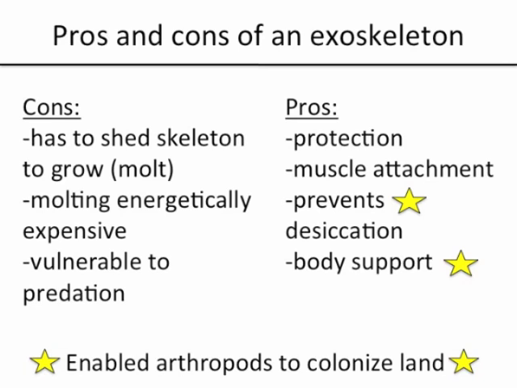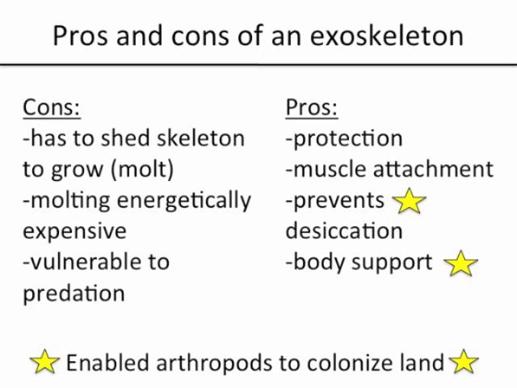Organisms in the water don't need that. They're floating in the water, so they don't need to keep their body up. You've probably seen this when marine animals are brought onto land. They often don't do very well because their body is crushing itself. So one of the big disadvantages to land is gravity. So these two things, preventing desiccation and body support, have allowed arthropods to colonize land.